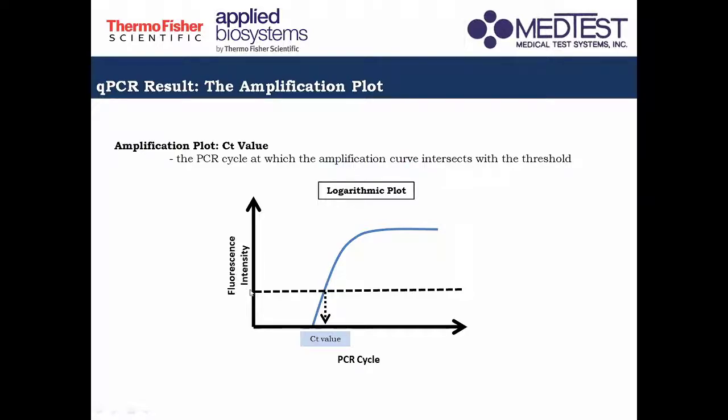So after we set the threshold line in your amplification plot, the part wherein the amplification curve intersects with your threshold is your CT value. No? So this just means that at this point, yung na-detect na fluorescence ng instrument nyo is no longer a background or noise. Ibig sabihin, true detection na siya. True fluorescence detection na siya.